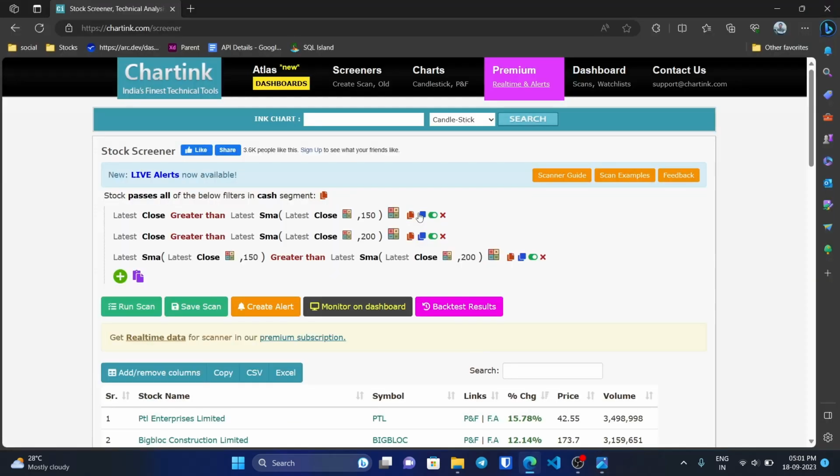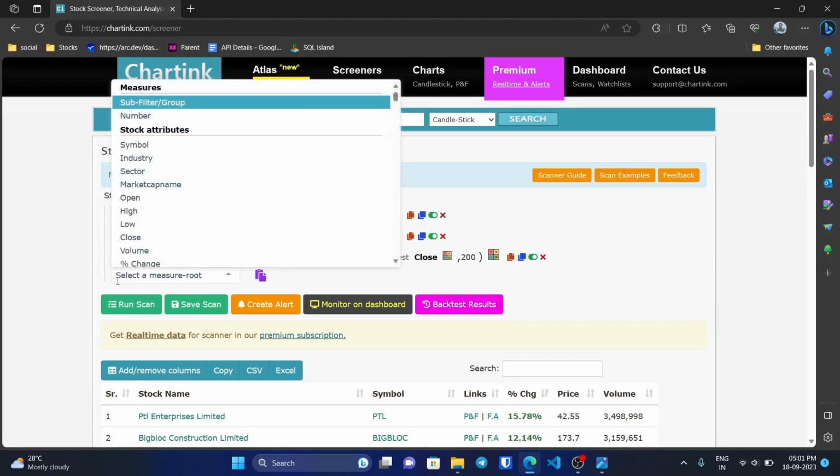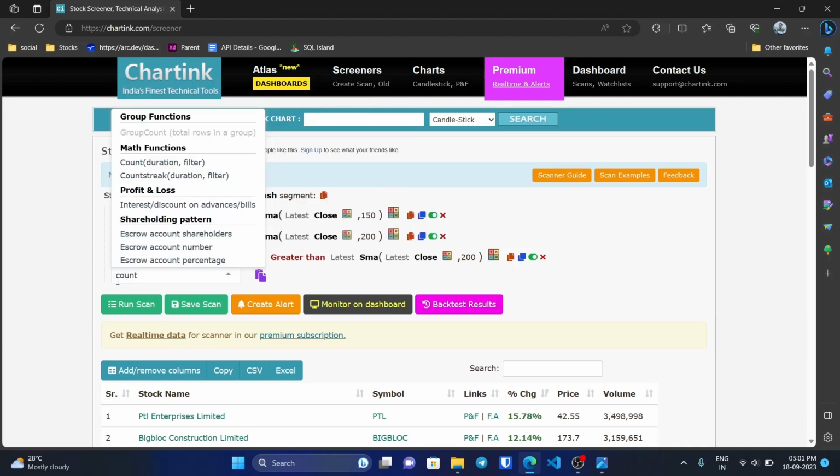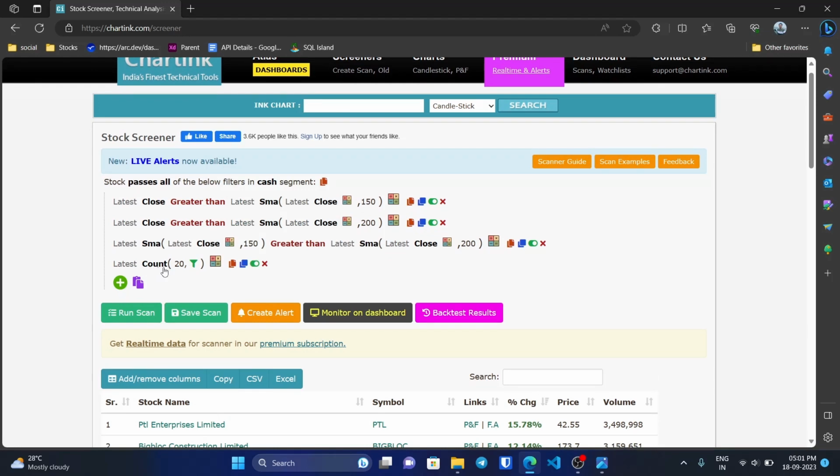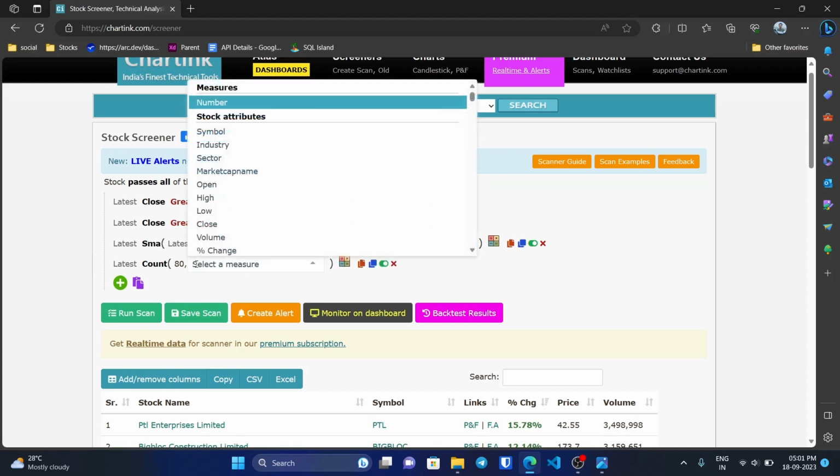Now we will add a new filter here. We can go for count here, and in the days we will give it as 80. Then in the filter we will check if the close of the stock price is less than the 200-day moving average.